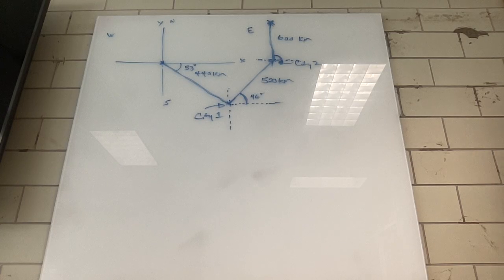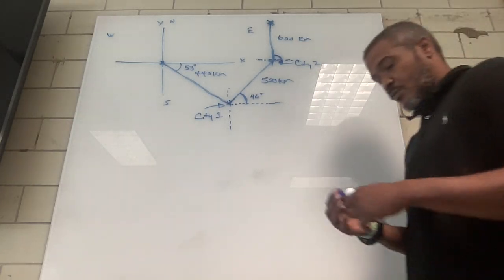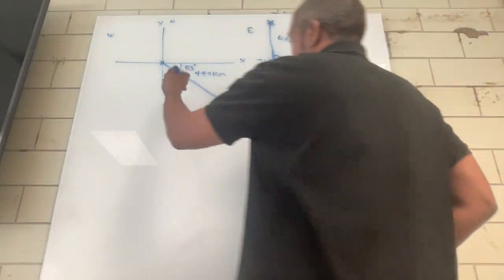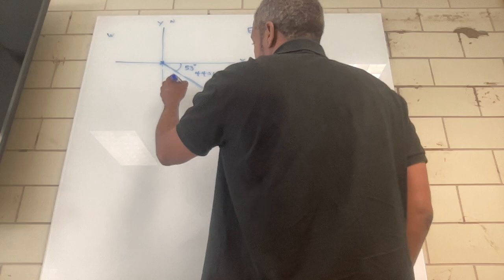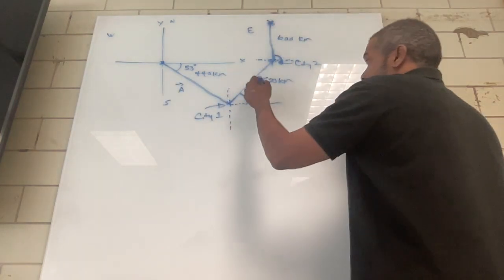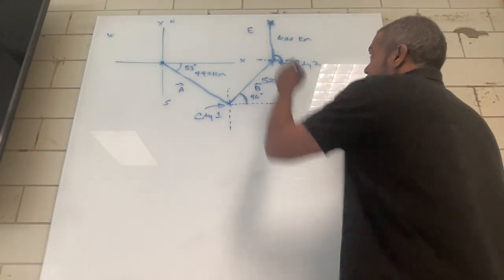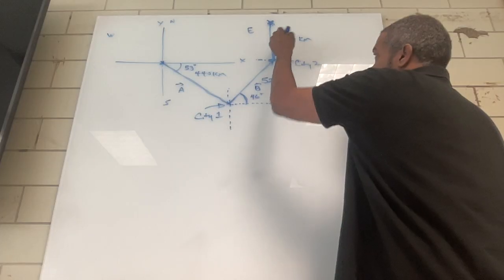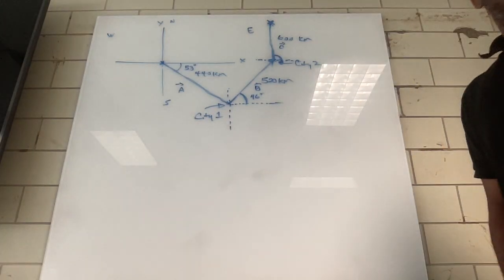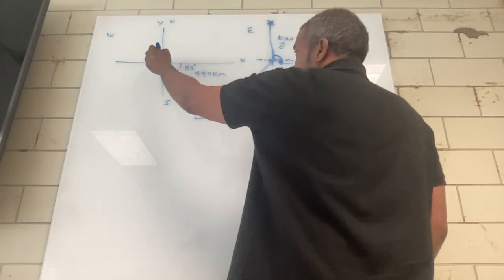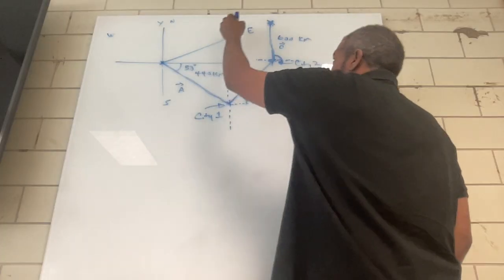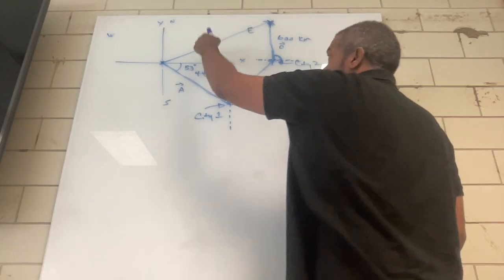Which one is vector 1? The 440. Okay. So let's call this one A, we'll call this one B, and we'll call this one C. So what you just told me is we're going to get this distance, and we call this one what?